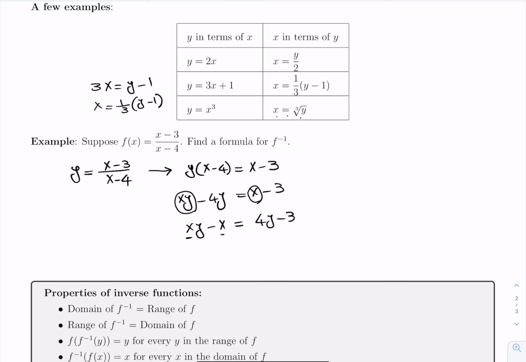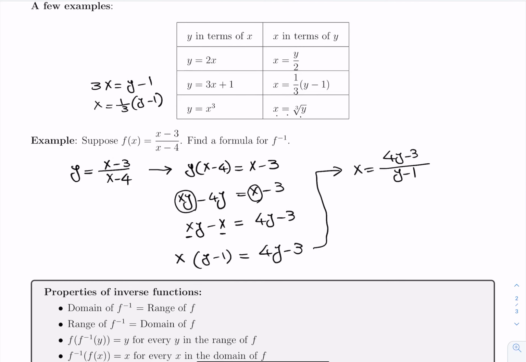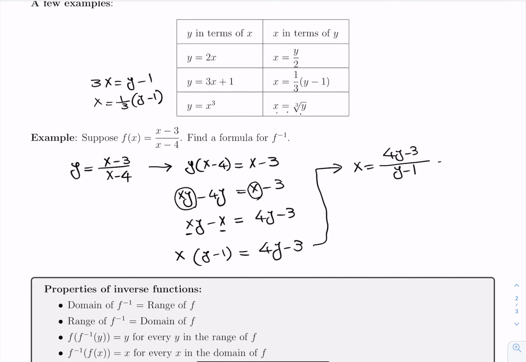Let's factor out x. So x times y minus 1 equals 4y minus 3. And so x is equal to 4y minus 3 divided by y minus 1. What I have here is x presented in terms of y, a formula for the inverse function. I could present this as f inverse of y.